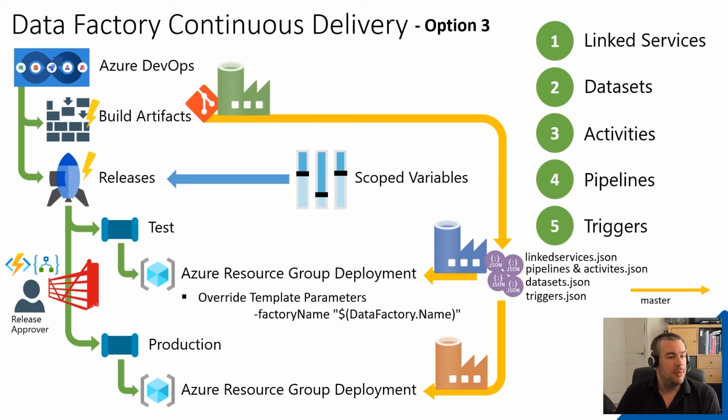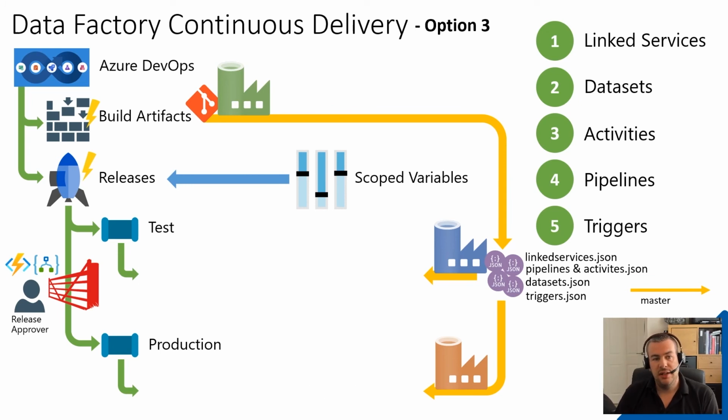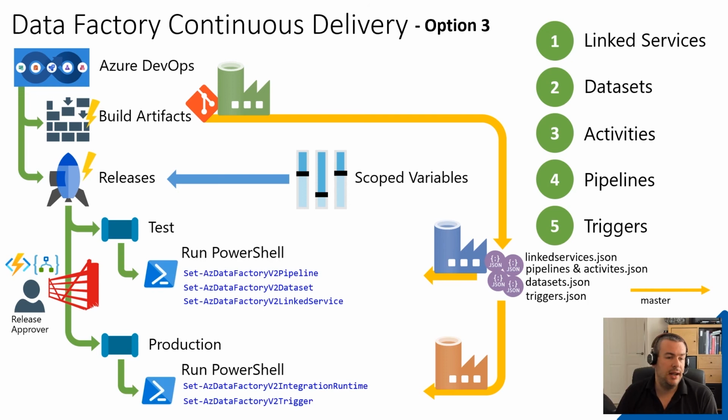What we can then do with option 3 is, instead of using those ARM template deployment tasks, use PowerShell. For each of those component types, we can align them to the respective PowerShell commandlet. We can use that one component within our data factory as the definition file for its respective PowerShell commandlet and do a deployment that way instead.